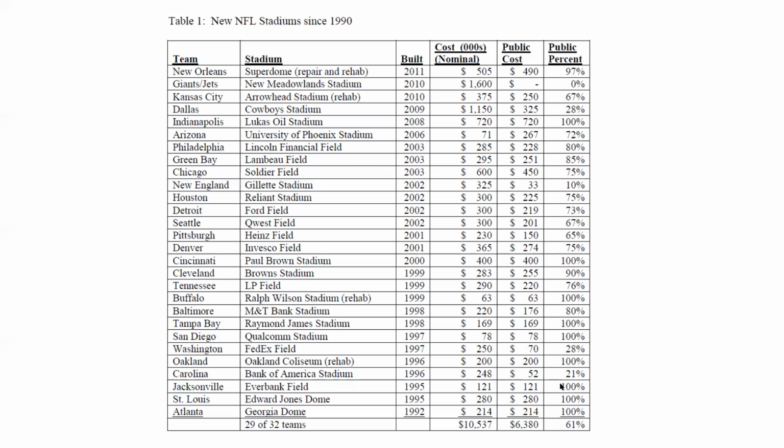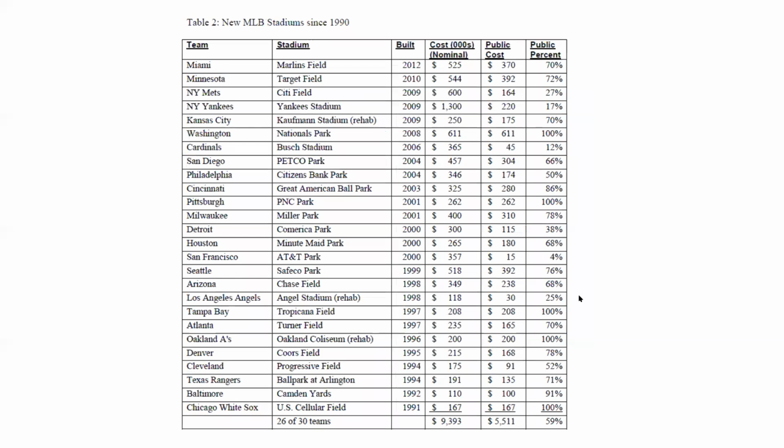Now we see a couple 100% here in the NFL, and the average is 61%. When we go to Major League Baseball, the average is a little bit lower. You probably see not quite as many 100%. Maybe the cities don't believe that the Major League Baseball teams will bring in as much additional revenue as the NFL, and so maybe that's why we see a little bit lower of an average. But we see variation here, similar kind of idea.